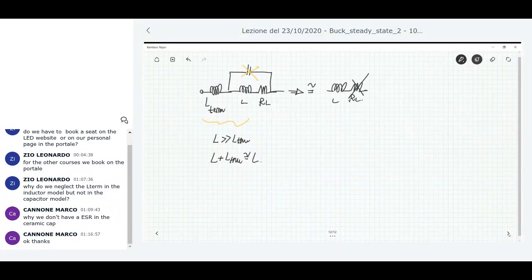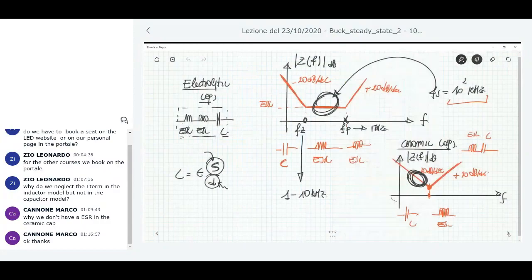For the capacitor, the situation is a little bit different, even if the terminal inductance has the same values. Look at what happens for the electrolytic capacitor here. Even if this equivalent series inductance has the same value as that of the inductor, now we get a resonator. Even this very low value can resonate with the nominal capacitance.